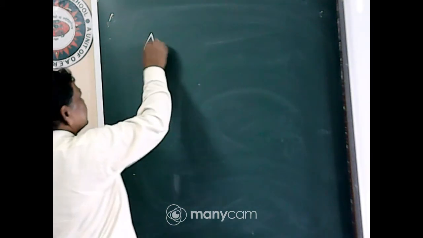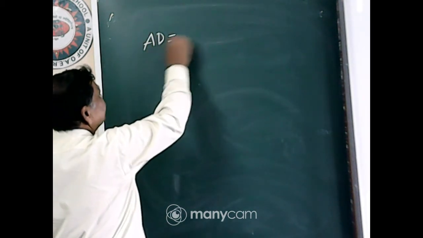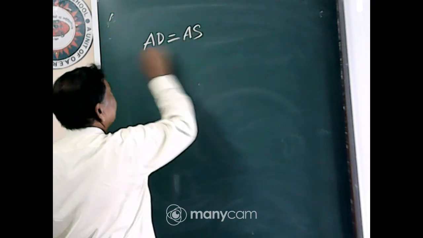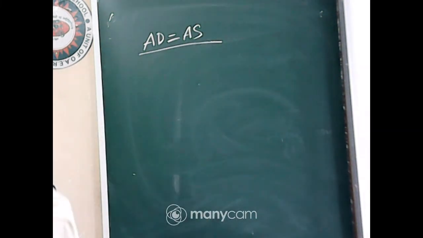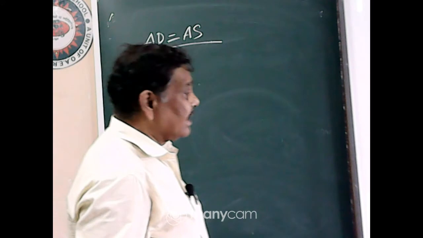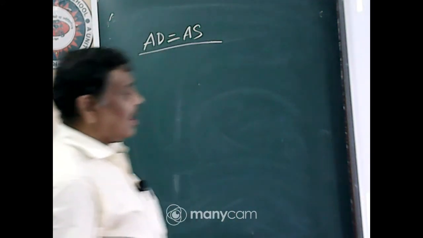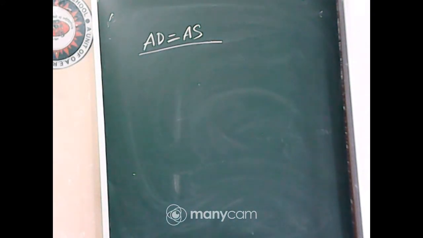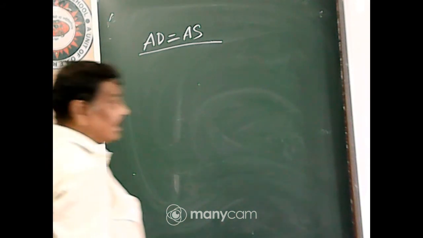Full employment can be achieved when AD is equal to AS. What is AD? Aggregate demand. That is the total demand created by the people of a country in a particular financial year is called aggregate demand.